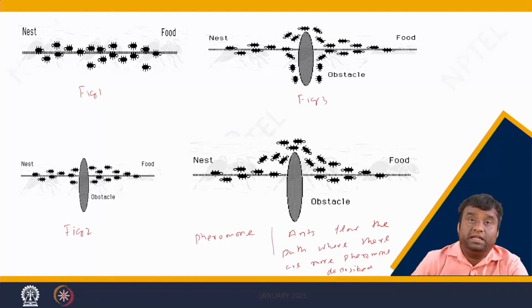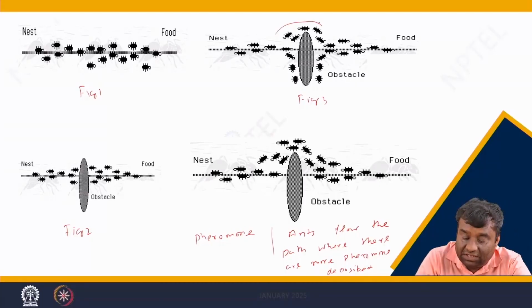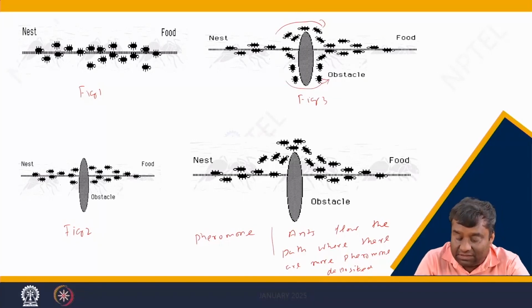So this is basically the concept of ant colony optimization. Ants move from the nest in search of food. They are moving from the nest to the food. Now in between there are some obstacles. Some ants will move in this direction, some ants will move in that direction.